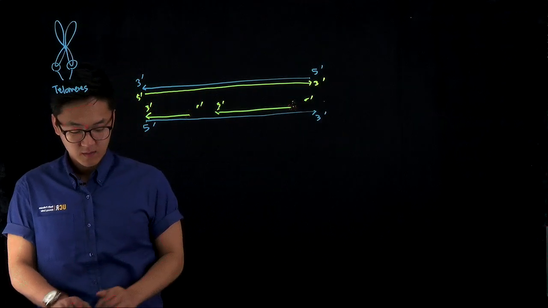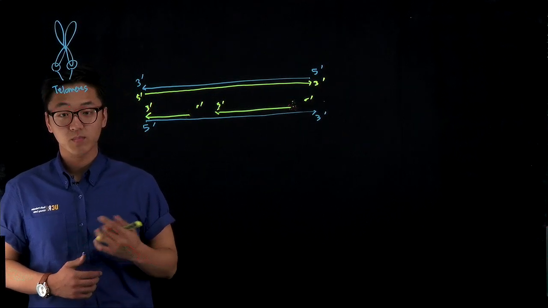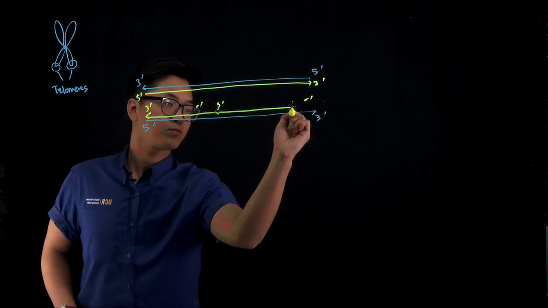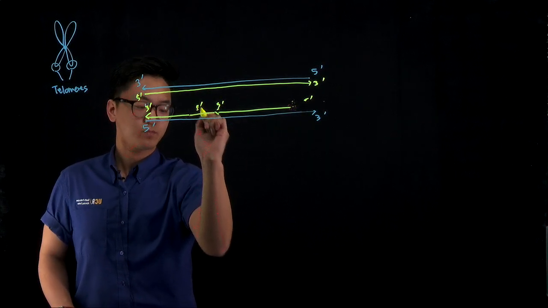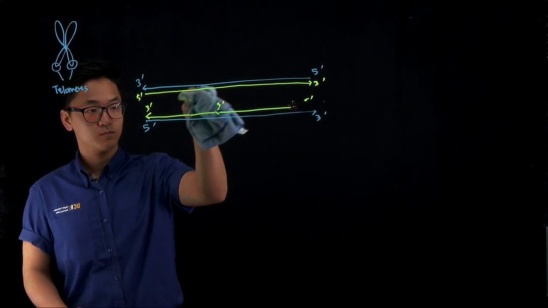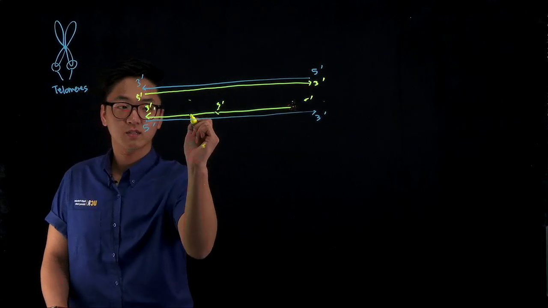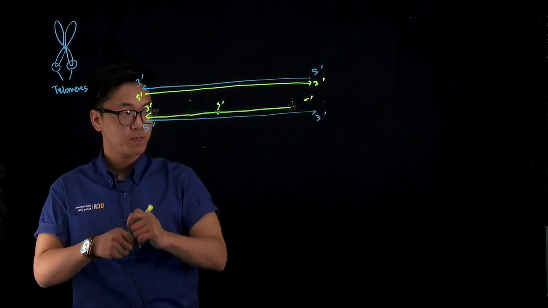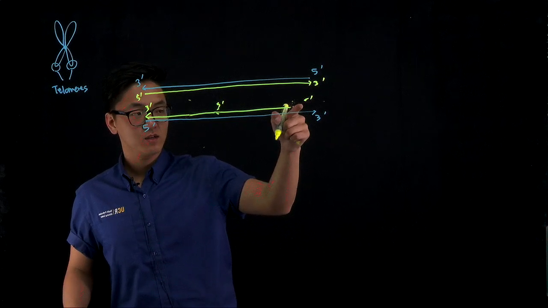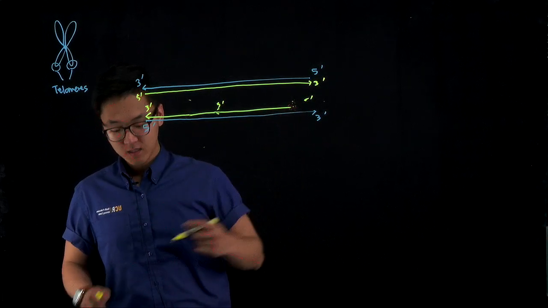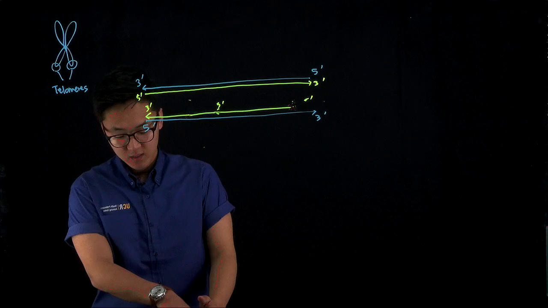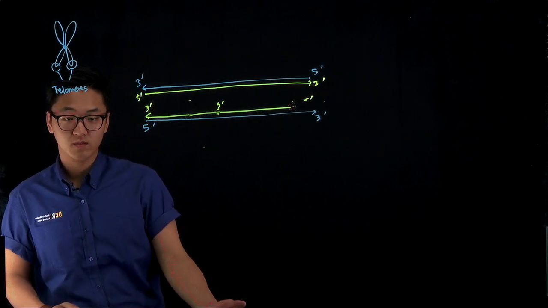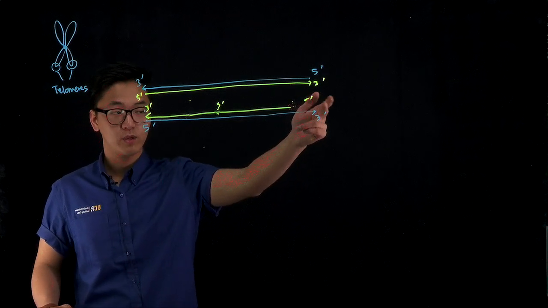Then we fill in with DNA polymerase 3, which adds new bases. And then ligase and so on. But at the very end of our DNA strand, we cannot add anything, because we need a free 3' hydroxyl group over here, but we don't have anything.